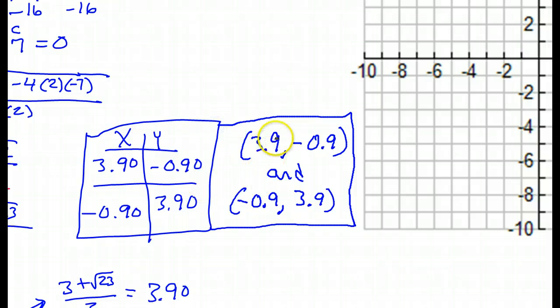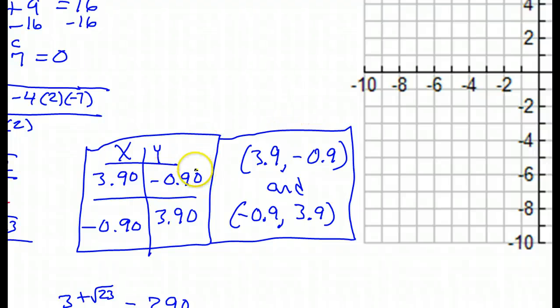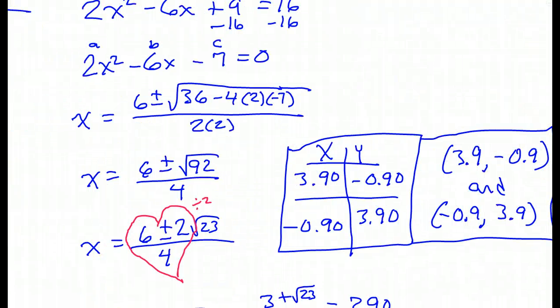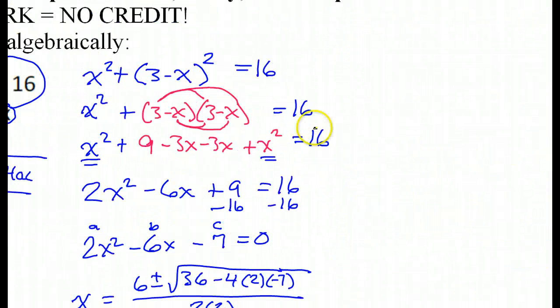Okay, same thing. So these are the solutions, and that's how you would solve this problem algebraically. Now let's look at this problem graphically and see if we get the same thing.